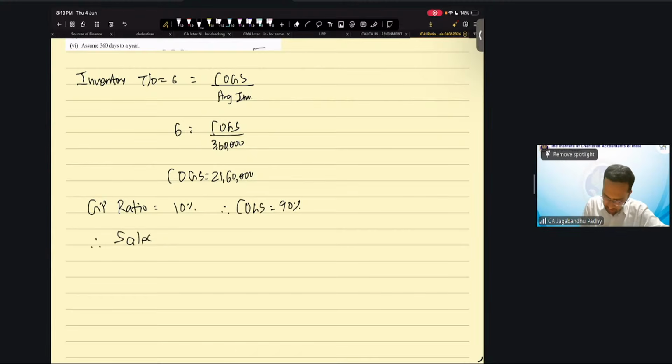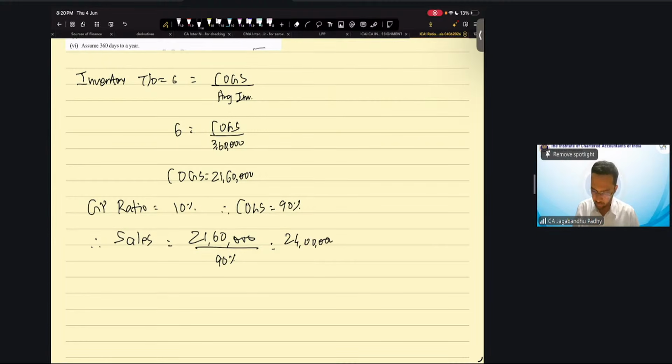So sales value is going to be 21 lakh 60,000 divided by 90%, which is COGS divided by 90%. So what is this number then? 21 lakh 60,000 divided by 90%. Yep. 24 lakh.